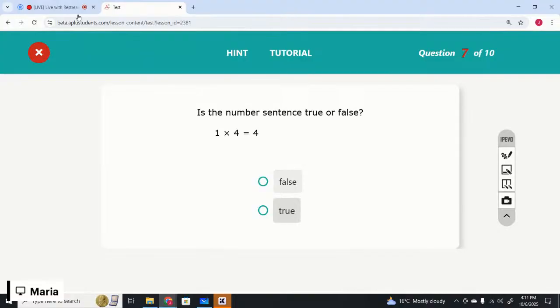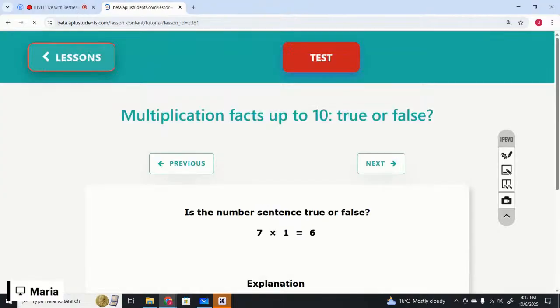True it is. 4 times 1 is 4, that is true. 2 times 7 equals 14. Okay, you can complete the lesson by yourself later today. Let me just move on to the next lesson.